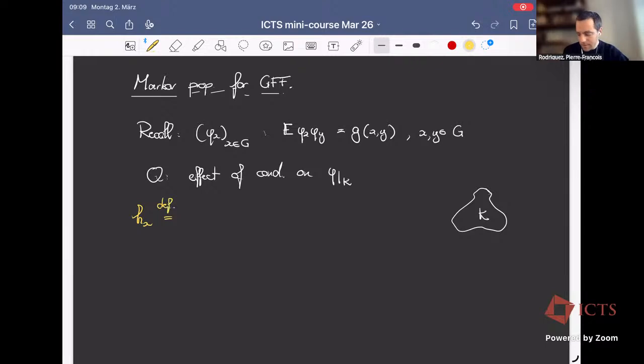This is something which is already mixing the random walk and the actual Gaussian free field. It's a weighted average of Gaussian variables, these phi y's, weighted by the probability starting from x that you hit K, and that you hit it in y.